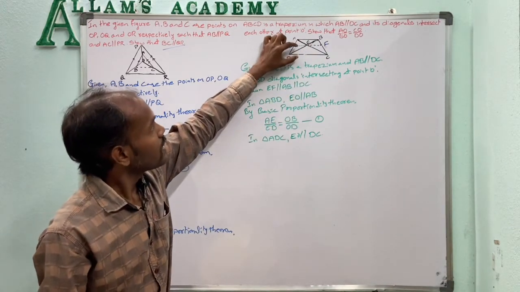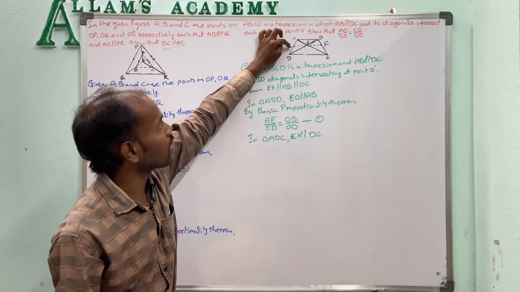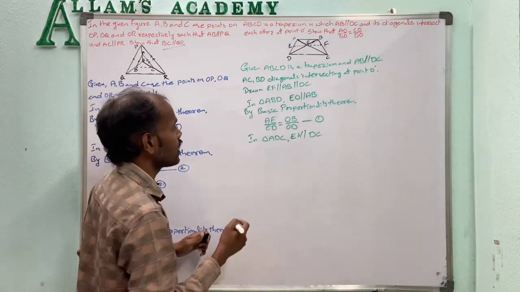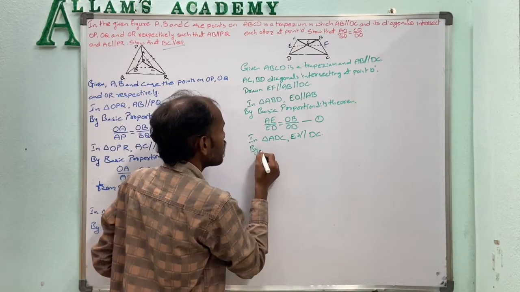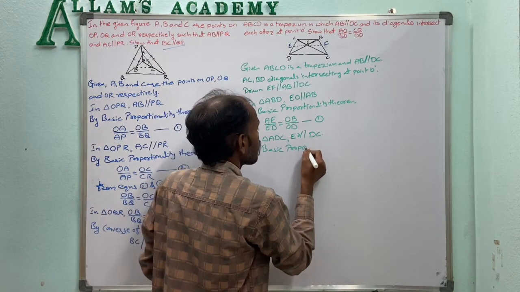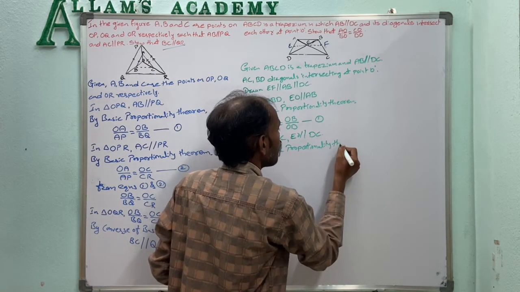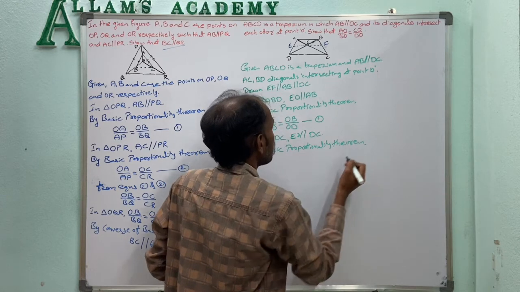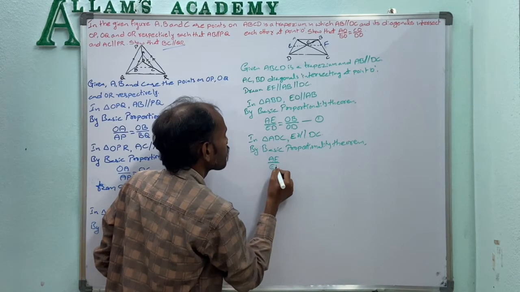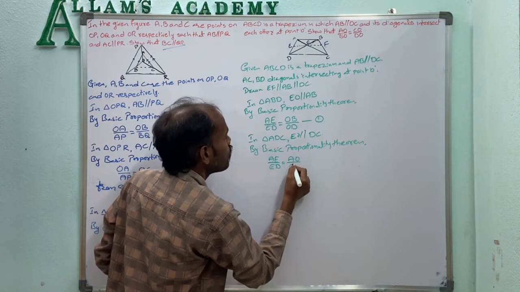So parallel line segments divide those sides in equal ratio by the basic proportionality theorem. So here also by the basic proportionality theorem, we can say AE by ED equal to AO by OC.